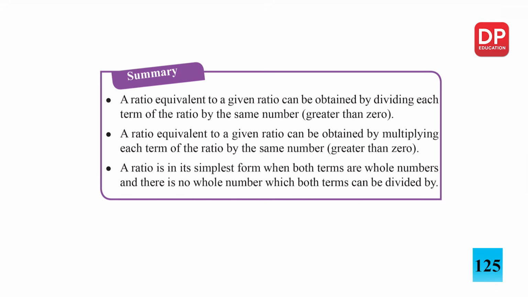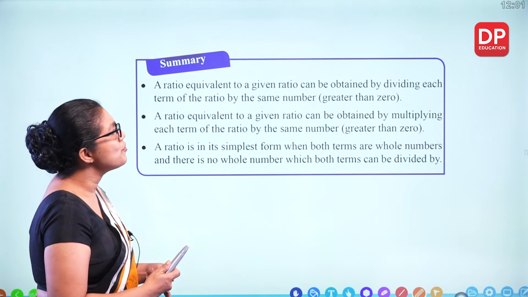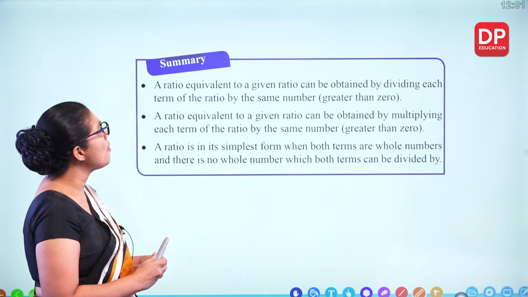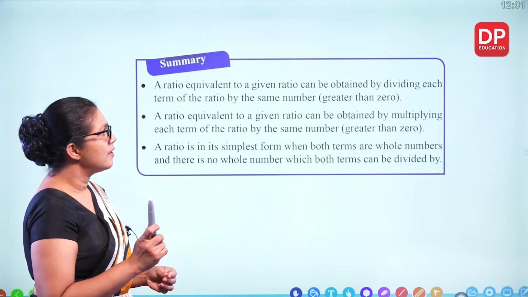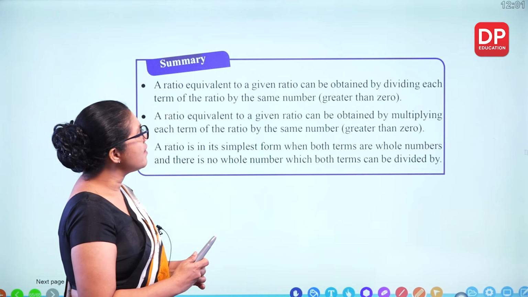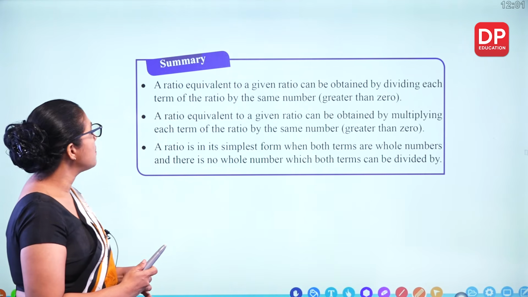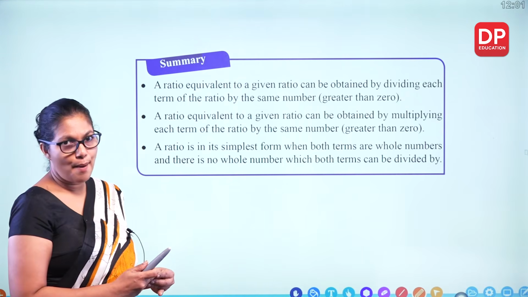So we completed all theory related to ratios and rates. A ratio equivalent to a given ratio can be obtained by dividing each term of the ratio by the same number. Don't divide by 0. A ratio equivalent to a given ratio can be obtained by multiplying each term of the ratio by the same number.